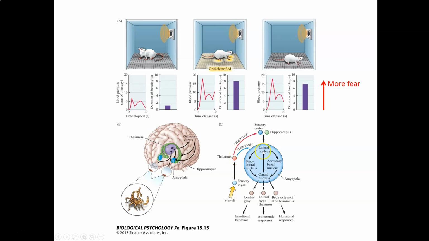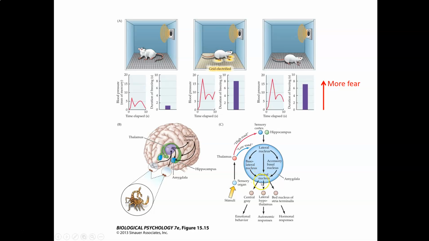It goes initially into the lateral nucleus of the amygdala. From there, goes through the basolateral, the accessory basal nucleus, but then goes to the central nucleus, where traditionally the central nucleus is viewed as the output of the amygdala complex. So this is a whole complex. It's made up of different nuclear groups. Lateral nucleus tends to be the input, and the central nucleus tends to be the output.